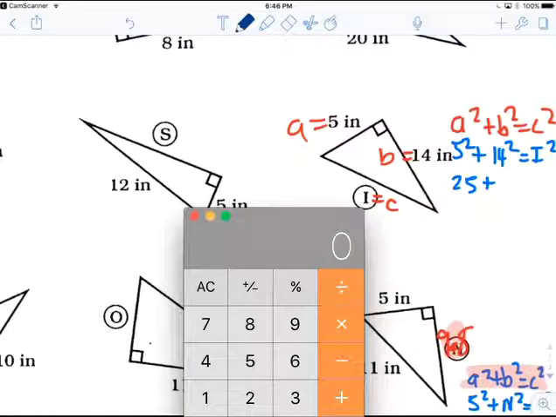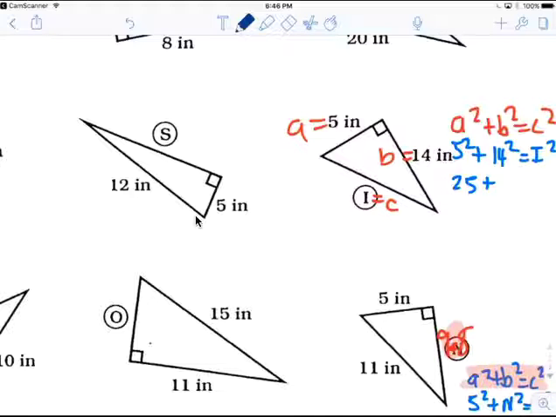I don't remember. 14 times 14 equals 196. Now the reason why it doesn't matter is this: which one is A or B?